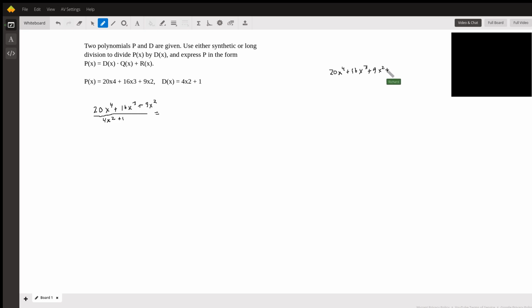And we need a placeholder for the x term, and a placeholder for the constant term. You can see this expression doesn't have an x term or a constant term, but we actually have to allow for those things. That's being divided by 4x squared plus 1.